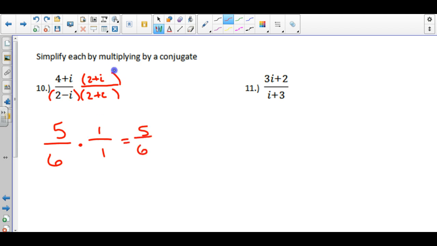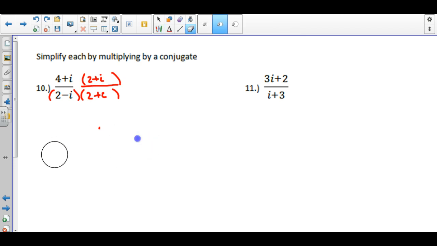So the point of multiplying by a conjugate is that we're going to get a different looking answer in the end, but the value itself will still be the same. We just don't want i in the denominator. So you're going to have to use the distributive property on the top and the bottom. The nice part about the bottom is that, with it being a conjugate, the middle terms are going to cancel out, so you only need to multiply the first and last terms. But for the numerator, you'll have to distribute entirely.